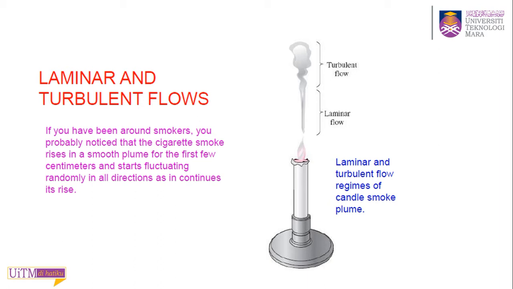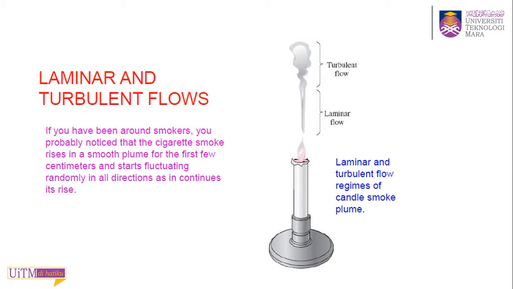But let's say you see someone smoke a cigarette. When they exhale the smoke from their mouth, you can see the smoke. First it is going out very smooth, and after that the smoke is not really smooth and has fluctuating, like billowing clouds.